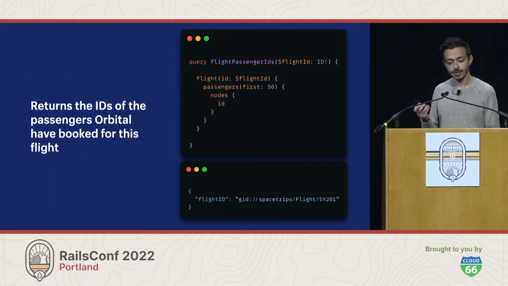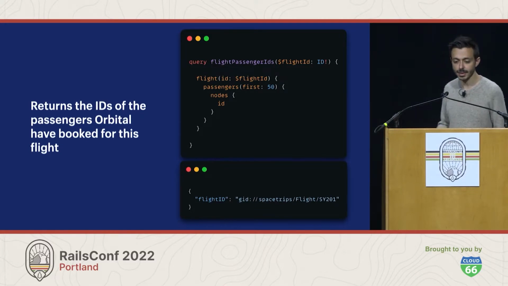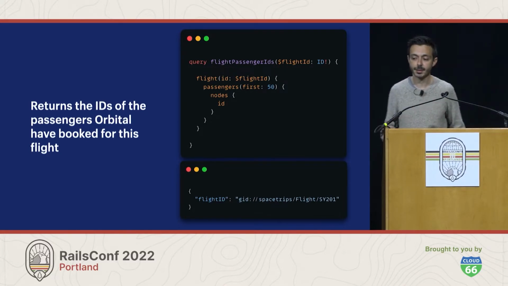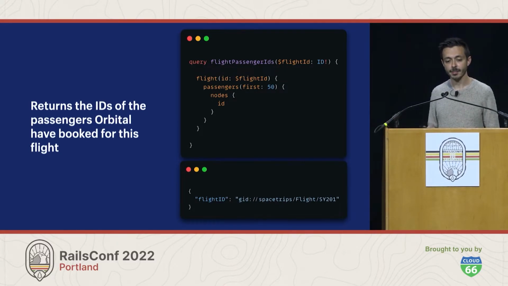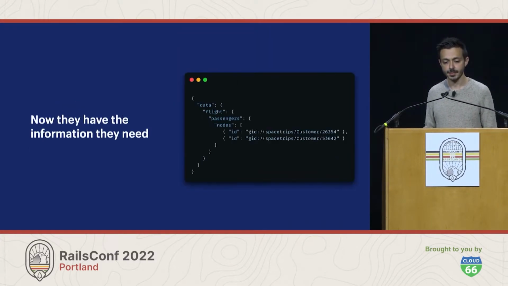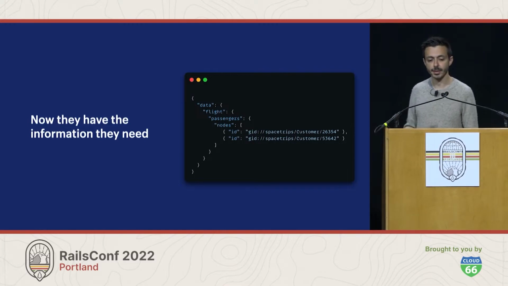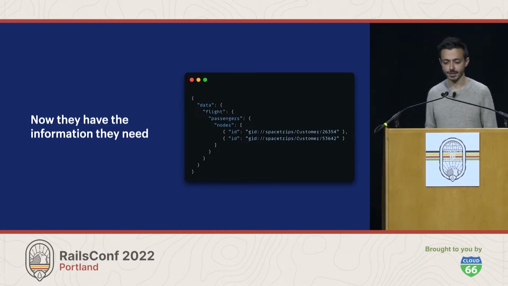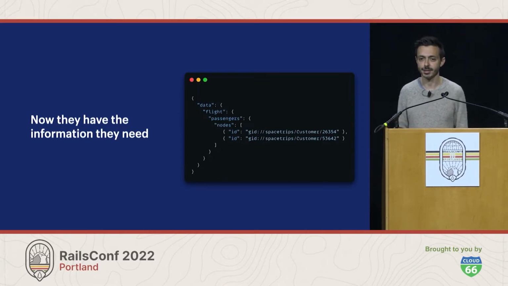So then, let me go back here. They get the flight ID, and they create a new query. They pass the flight ID here, and they query for the passengers' IDs. Now the response has the data they actually need here.